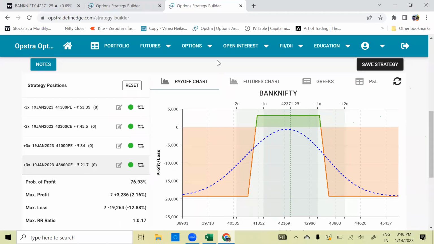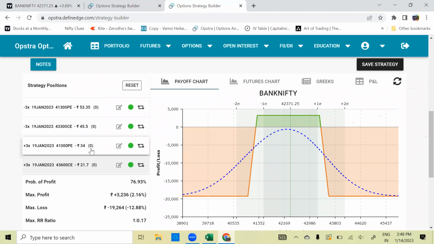So here what happens in this iron condor is, whenever the spike comes, the hedge also will get into the spike. So that spike will not be that much of importance. Why? Because whatever money you are losing in the sold option, at least some of it you will try to get back from the bought option.